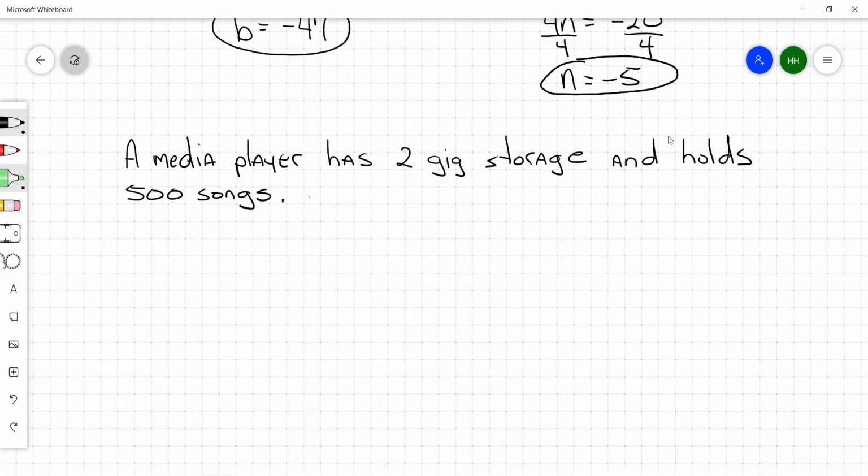Another player has 80 gig. How many songs will it hold?